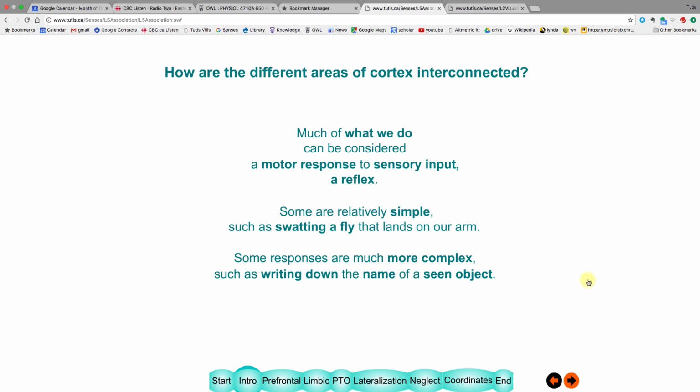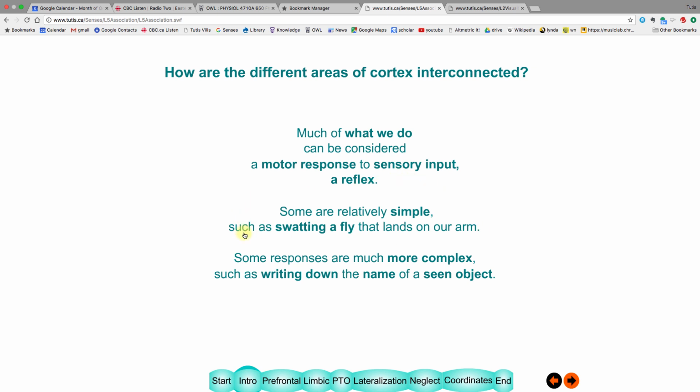So much of what you do you can consider as a reflex response, and you have to have an output, which is something to do with your motor system, be it able to say what word you're reading, or move a mouse, and it's directed by some sort of sensory input. So basically a reflex.